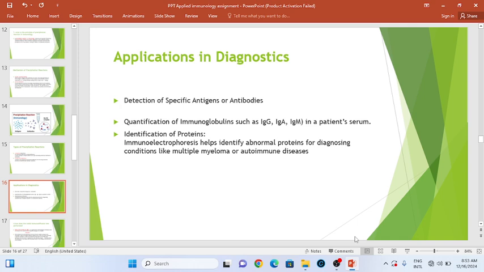As we have seen, it is used in immunoelectrophoresis, and electrophoresis can help us identify abnormal protein for diagnosing conditions like multiple myeloma or autoimmune disease due to autoreactivity.